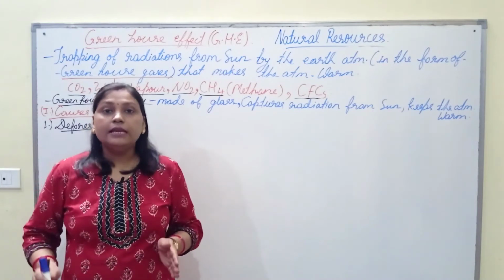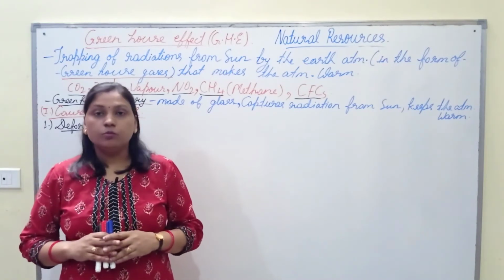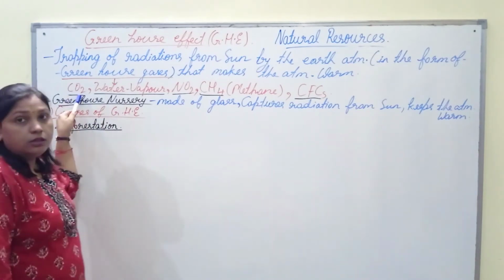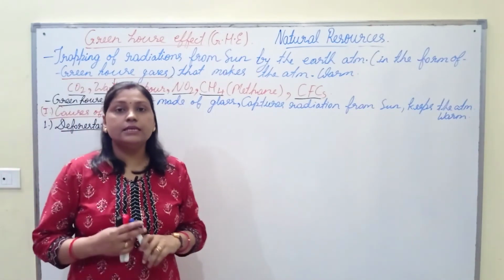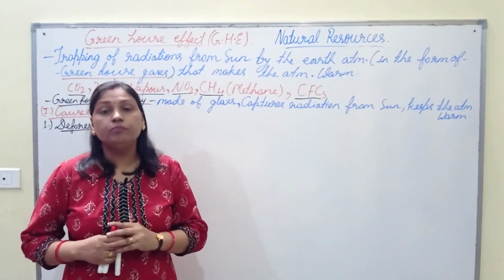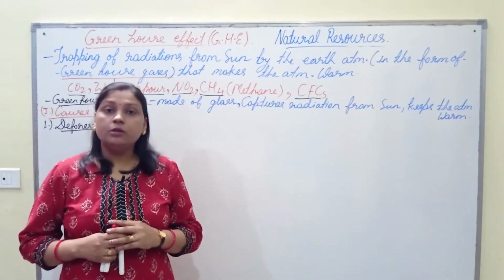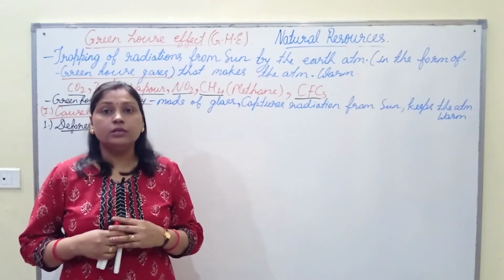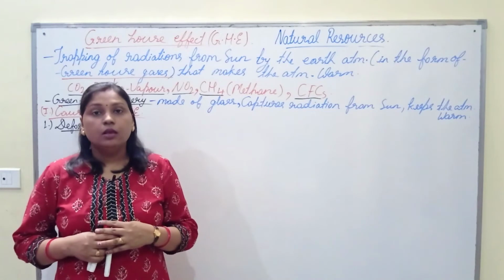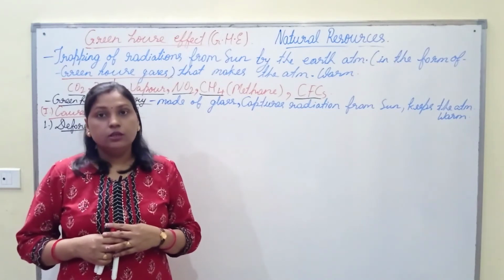This will create an imbalance in the atmosphere of the earth. So carbon dioxide, the main greenhouse gas, is increasing in the atmosphere as human beings and animals release carbon dioxide by respiration, and the plants are decreasing.